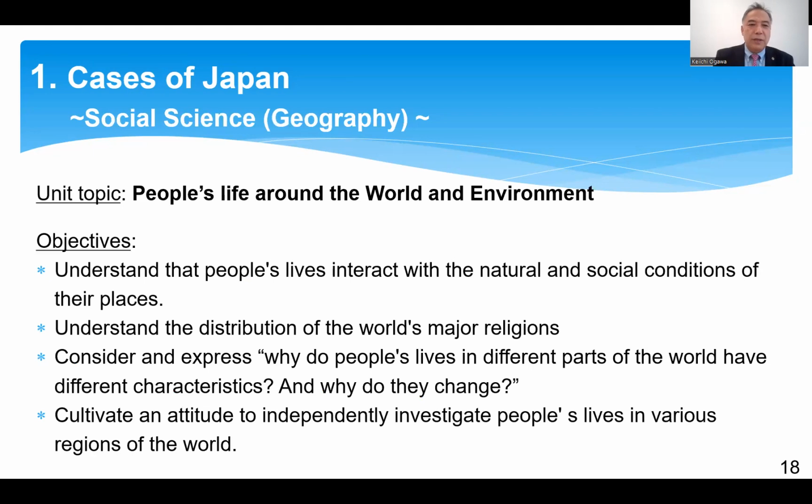Second objective is to understand the distribution of the world's major religions. Number 3 is to consider and express why people's lives in different parts of the world have different characteristics and why they change. Objective 4 is to cultivate an attitude to independently investigate people's lives in various regions of the world.